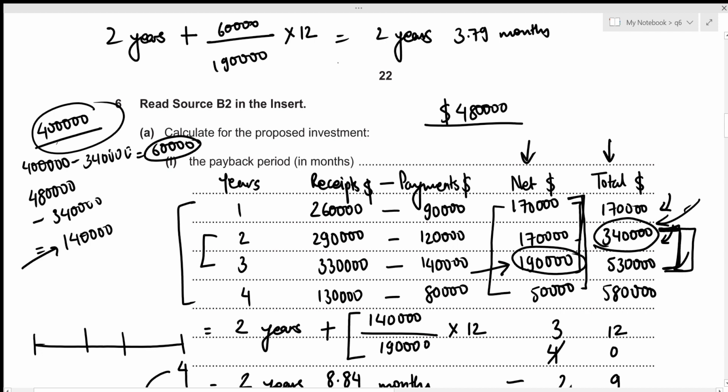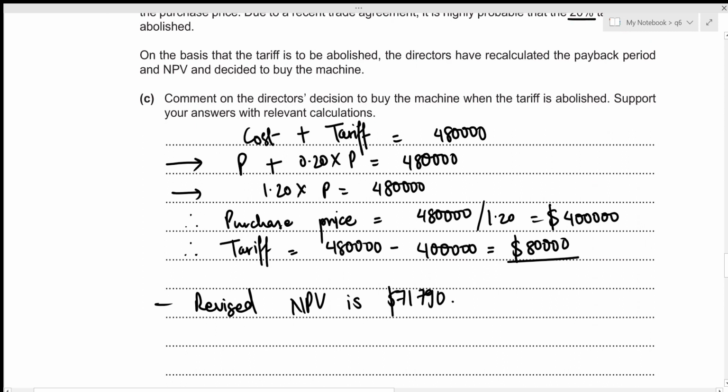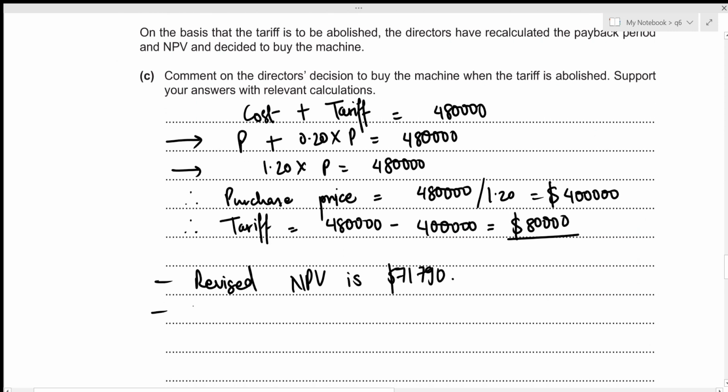We can round it off, so that's 2 years and 4 months. Let's write it down. That's the revised payback period. So revised payback period is 2 years and 4 months.